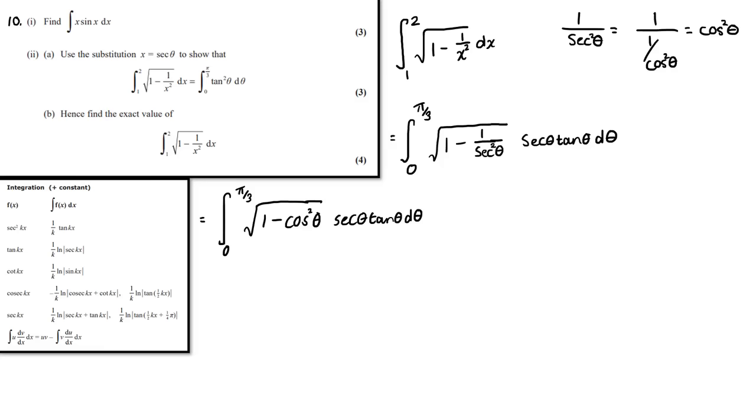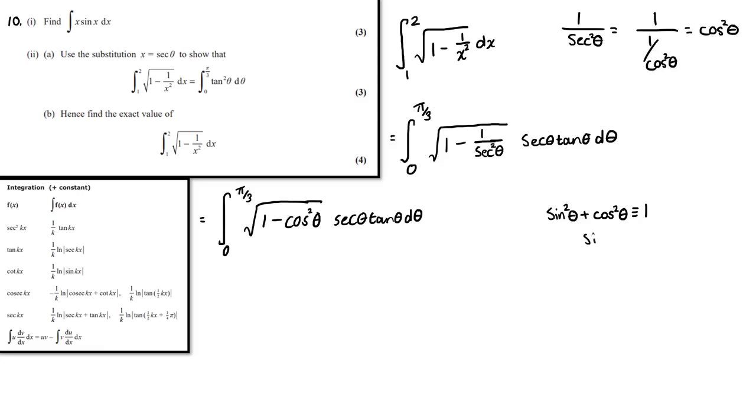So this 1 minus cos squared theta should look very familiar here, because we know that sine squared theta plus cos squared theta is equal to 1. So we can rearrange here by minusing the cos squared theta to get 1 minus cos squared theta.